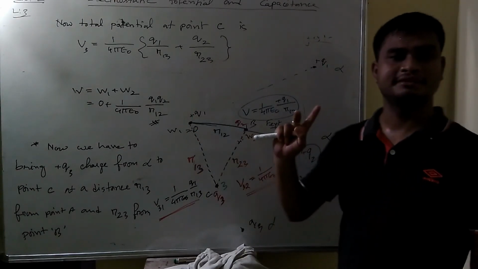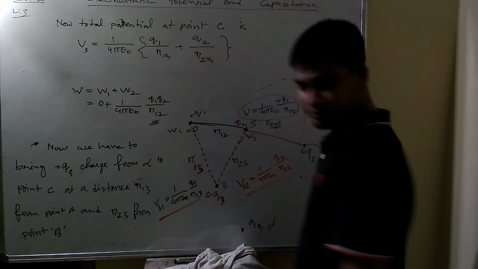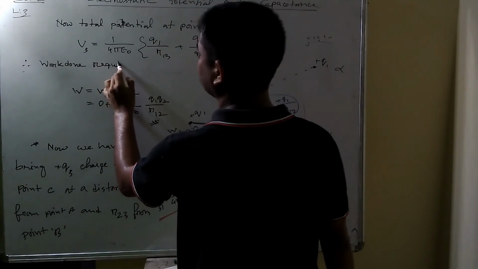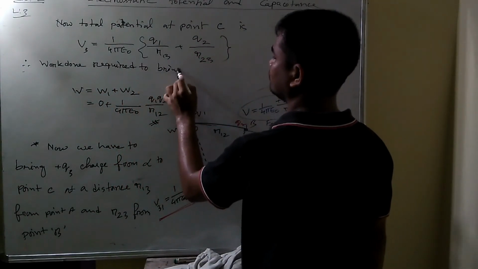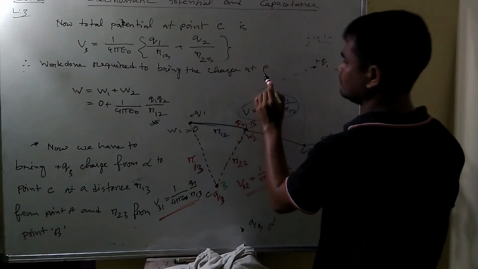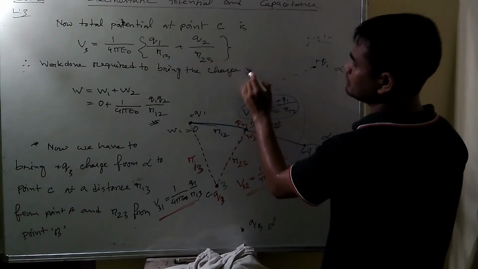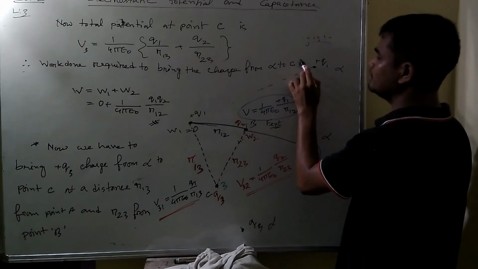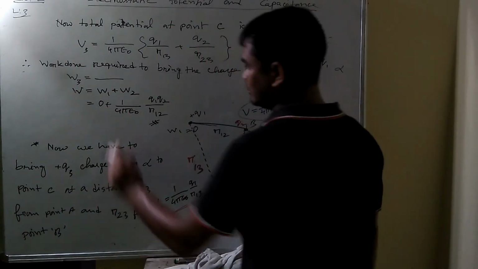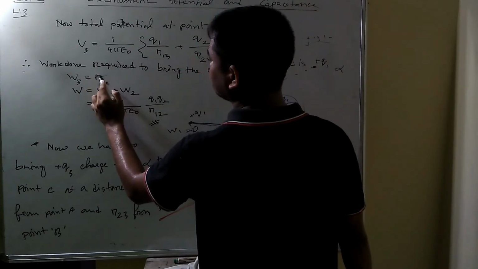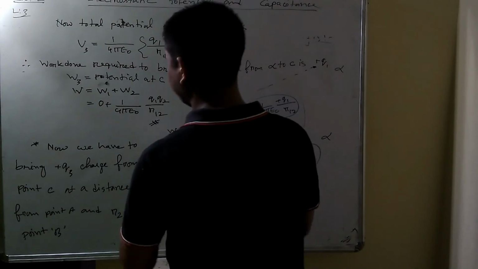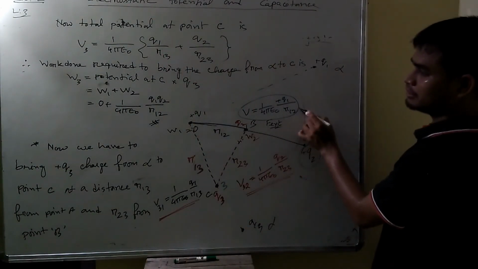This is the potential at point C. Therefore, the work done required to bring the charge from infinity to C is W3 equal to the potential V3 at C times Q3.